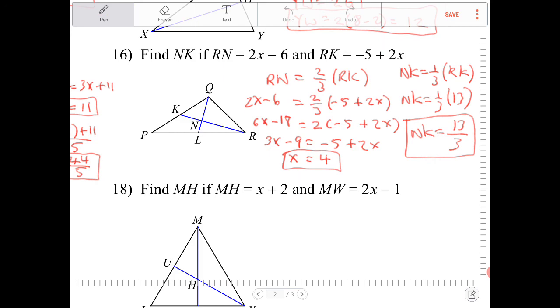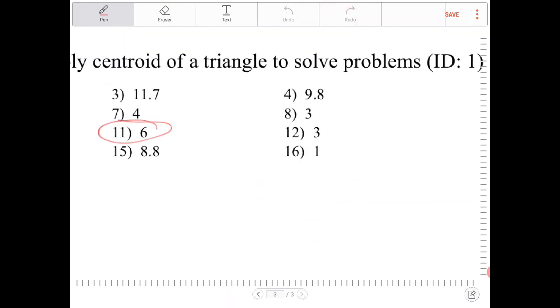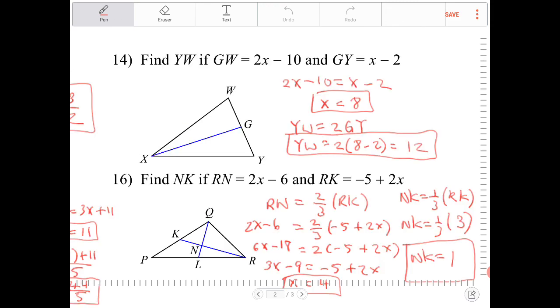Yes. X is equal to positive 4. Oh, so rk is not 13. 2 times 4 is 8. 8 minus 5 is 3. Oh. So nk is equal to 1, which was what the answer was. Right? Number 16. Yes. Okay.